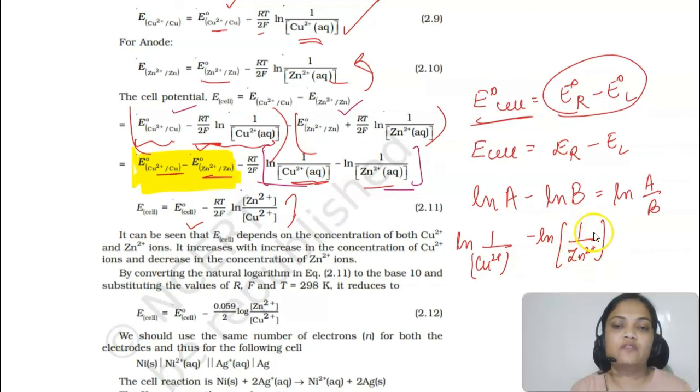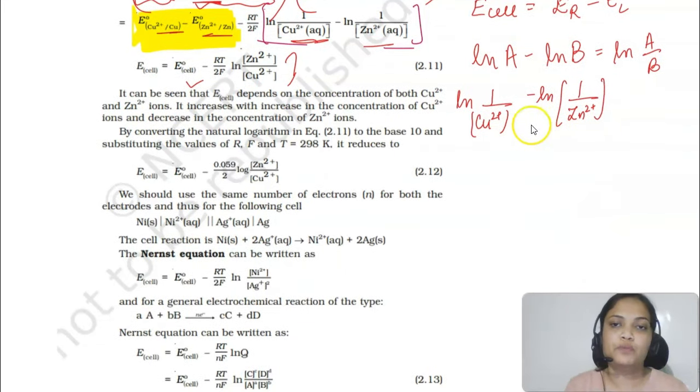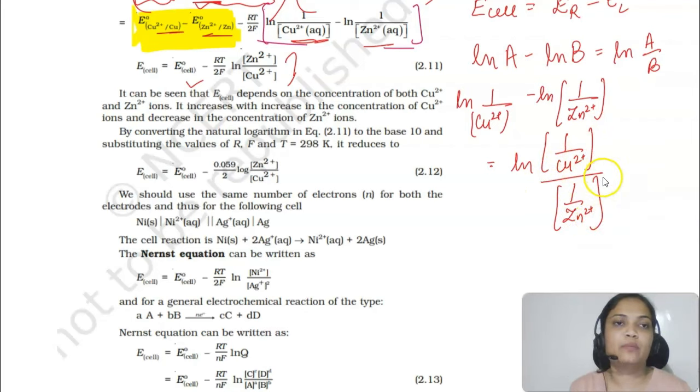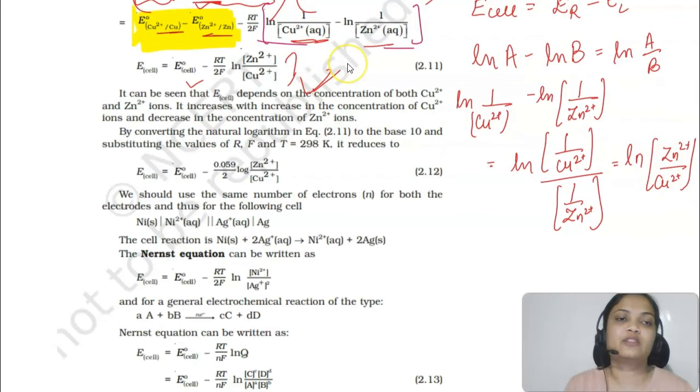So when I solve it, what will it come to? I will show you. So log of 1 upon copper ions upon 1 upon zinc ions. Okay, now obviously it is in the denominator, so it becomes reciprocal. So you will get log zinc upon copper plus. So this is how this expression has come.